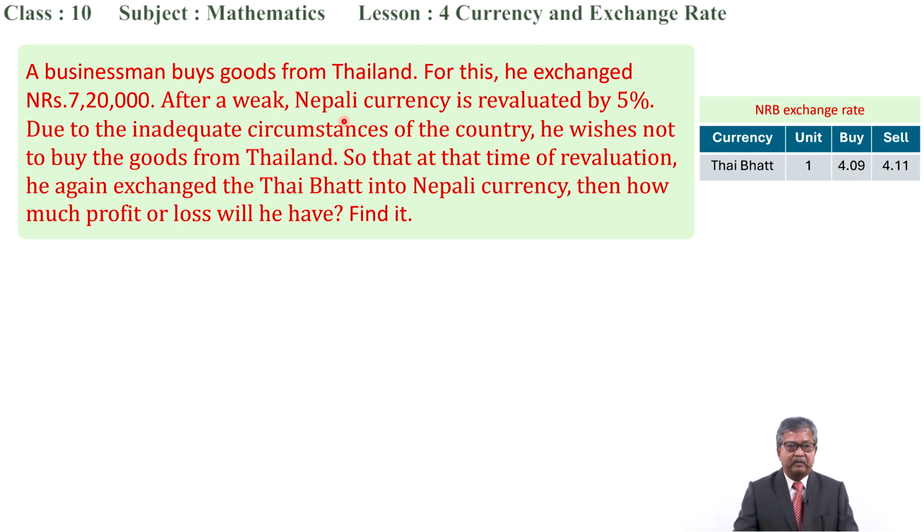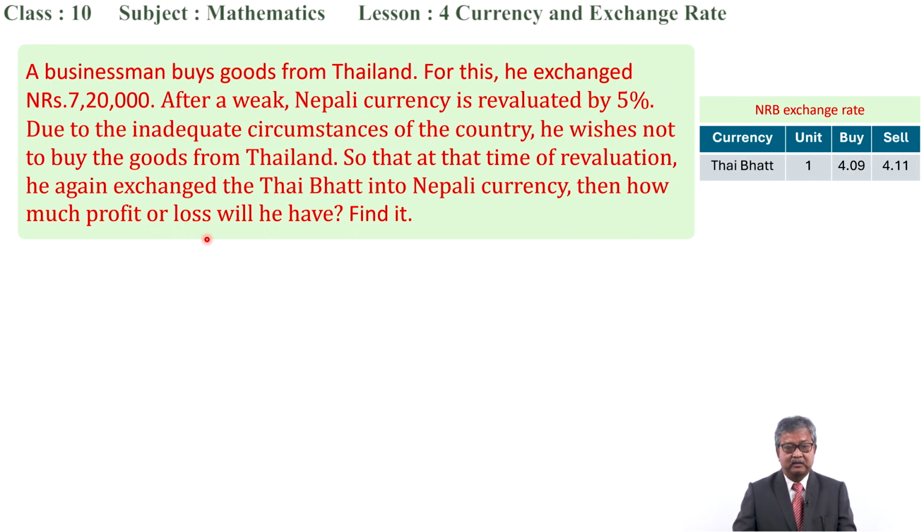So after a week, the Nepali currency is revaluated by 5%, and due to the inadequate circumstances of the country, he wishes not to buy the goods from Thailand. So at the time of revaluation, he again exchanged the Thai baht into Nepali currency. Before, he exchanged Nepali currency to Thai baht, but at the time of revaluation he again exchanged the Thai baht to Nepali currency. Then how much profit or loss will he have?